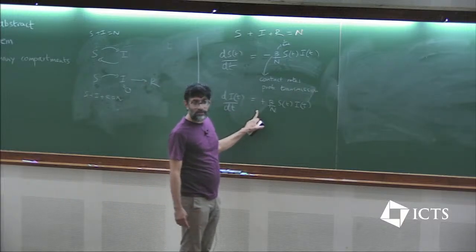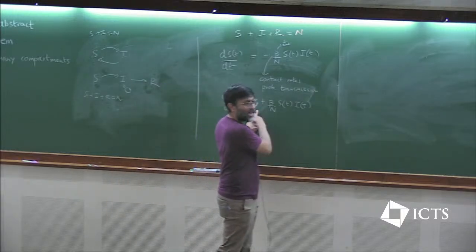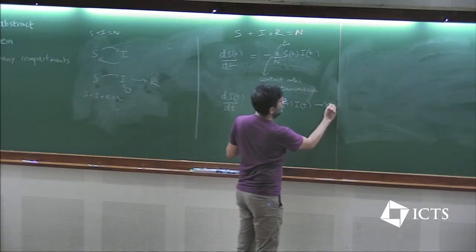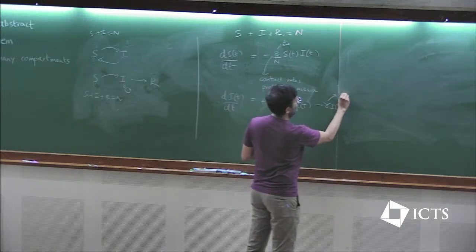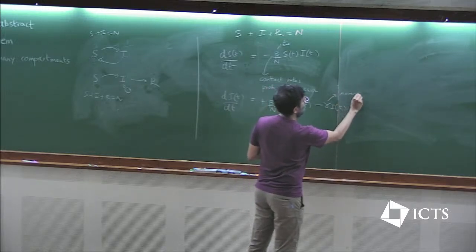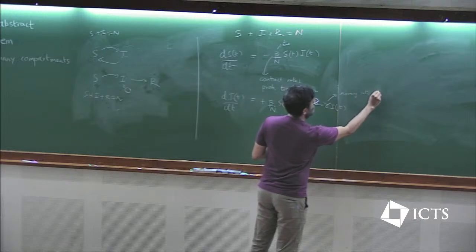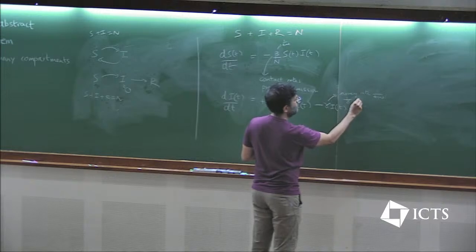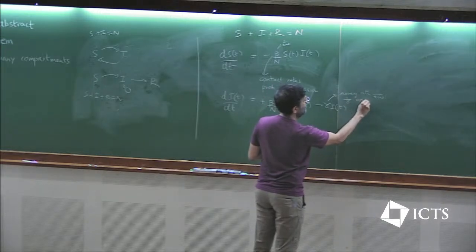But there's another one, which is the recovery. So we have to add one more term here, which is the recovery rate. Again, this has 1 over time, so 1 over gamma will be the mean recovery time.